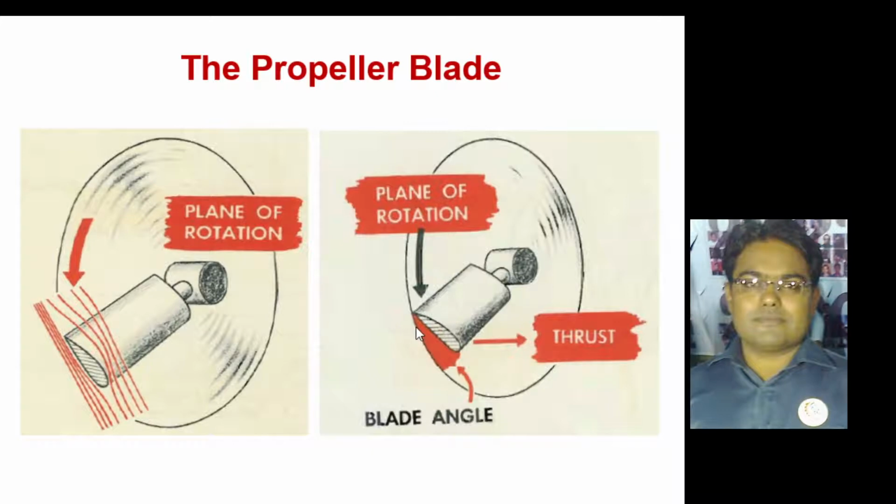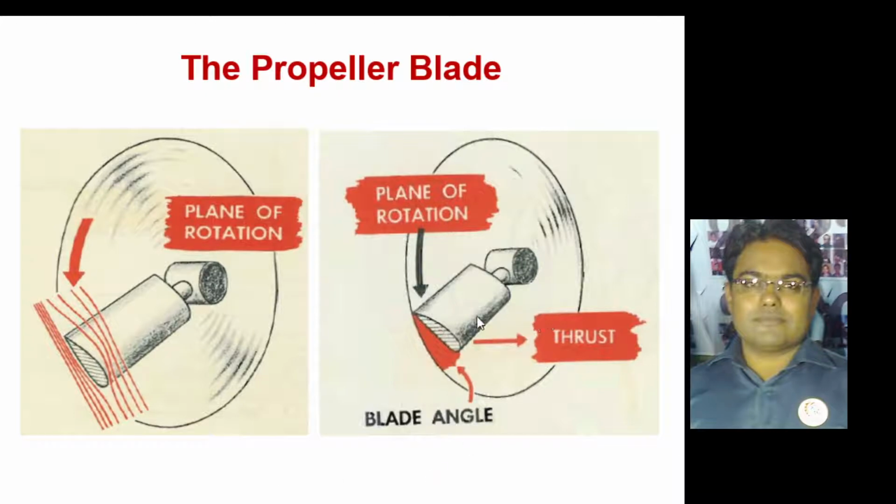So they will be tilted at a certain angle, or you can say the propeller blades are mounted on a hub at a certain angle in order to achieve the maximum amount of thrust to be generated from the blade or the combination of blades.